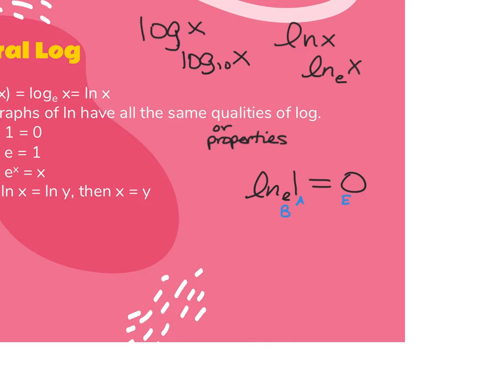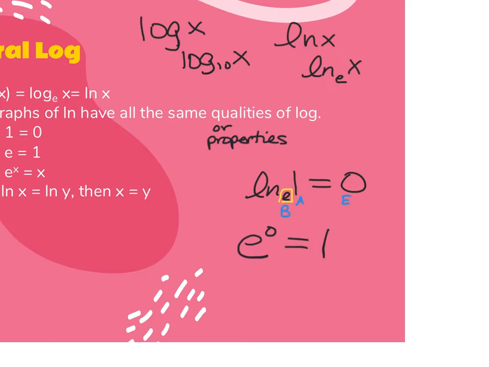So that capital E is the exponent. That little e is the base of the log function and of my exponent. So if I transform this natural log form to exponential form, I'm doing e to the 0 power equals 1. So I'm doing the exact same thing, but they're not going to write this e there. You just need to know that it's there.